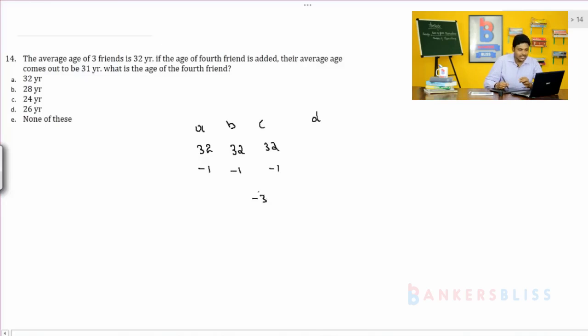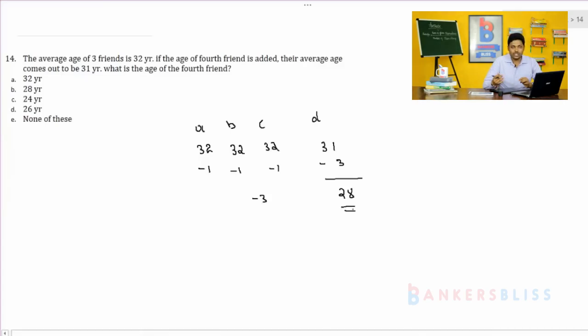This 3 is taken by D and he is getting 31. After getting 3 from his 3 friends, he is becoming 31. So if you subtract these 3, the age taken from his 3 friends, you are going to get 28. 31 minus 3, 28. So the answer is 28.